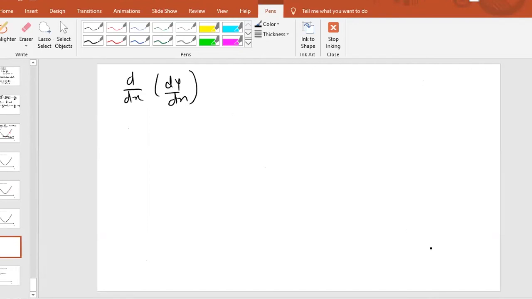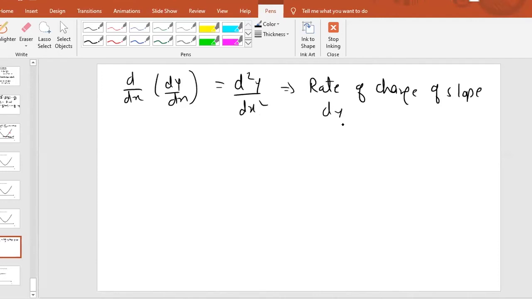What does double differentiation mean? Basically, double differentiation means the rate of change of slope of the graph, the rate of change of the slope dy by dx. So double differentiation means the rate of change of slope.